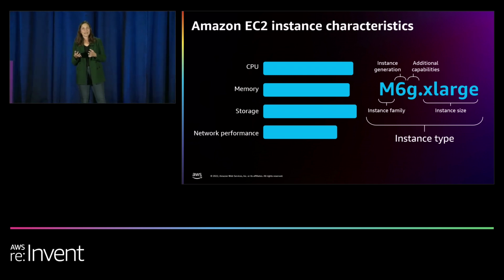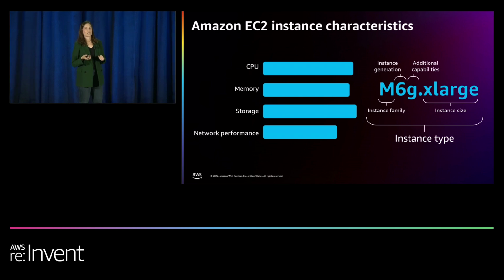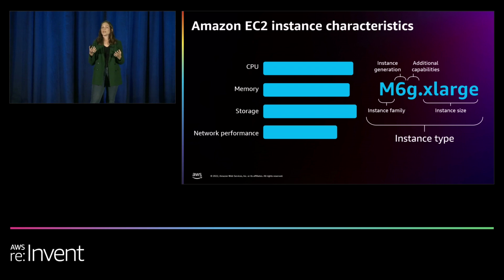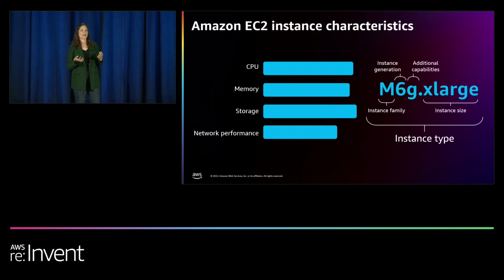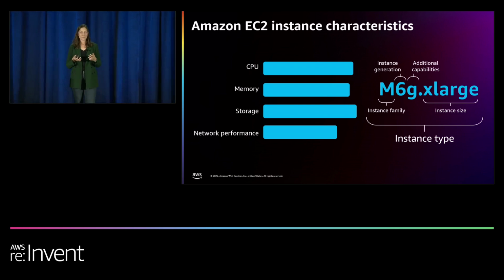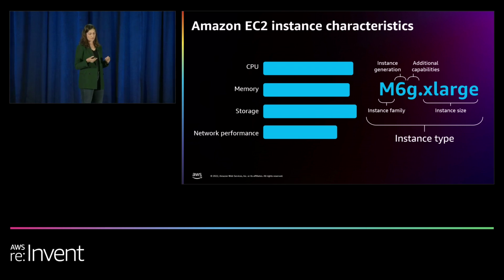But I can get the same 32 gigs of RAM from a general purpose instance, M6i 2xlarge. So if you play around with the different instance families and different instance sizes, you'll see that you can choose different instances to get the resources that you need. And being flexible will help you get the best compute offering for what you need.